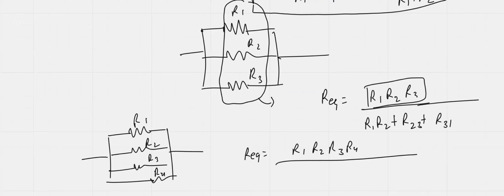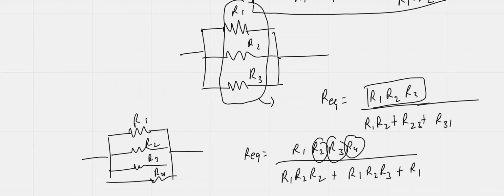Just take the product on top, and in the bottom, leave one resistor at a time. So right now you are leaving this one, so you write this. After this, leave this, R1 R2 R3. After this, leave this, R1 R3 R4. After this, the last one.